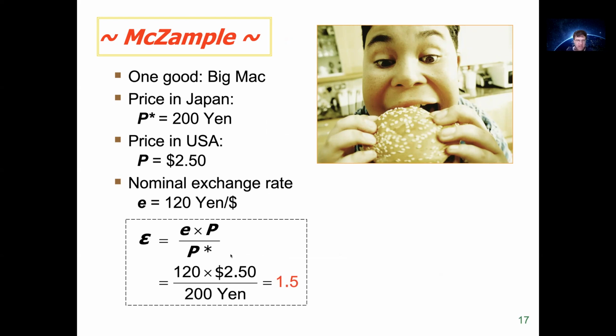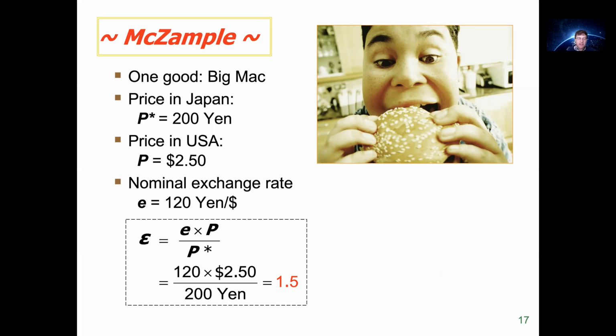Well, $2.50 converted into yen is equal to, I've got to do the multiplication here, but I think that's 300 yen. If you had a Japanese tourist trying to buy a Big Mac in the US, they would convert that $2.50 into yen and say, oh, that's 300 yen worth.